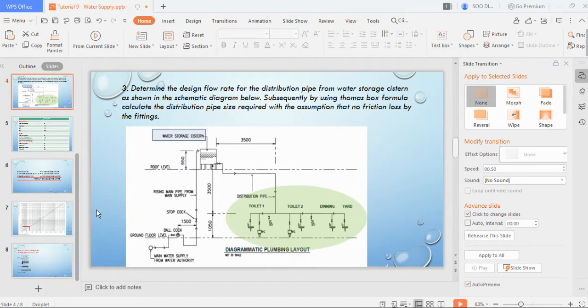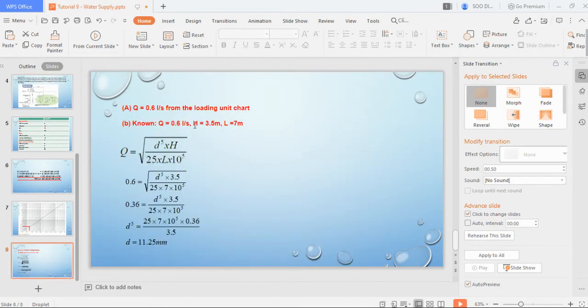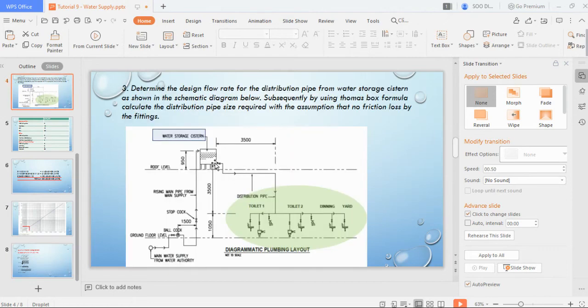This is the length of your piping, which is your L. And your H is the difference in water level. So your water level is here, and your appliances are here, your sanitary fittings. From here to here, there's a distance of 3.5 meter. So this 3.5 meter is your H, your water head.